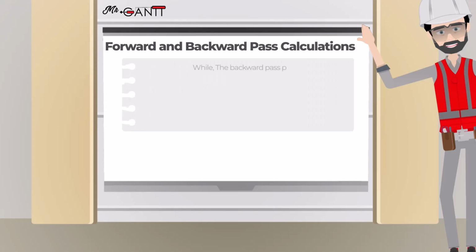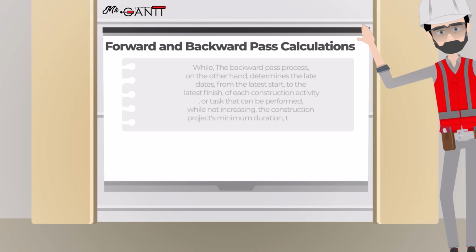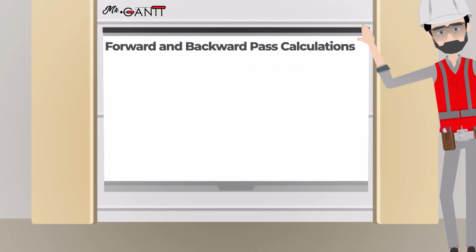The backward pass process, on the other hand, determines the late dates, from the latest start to the latest finish, of each construction activity or task that can be performed while not increasing the construction project's minimum duration that was identified in the first forward pass calculation.